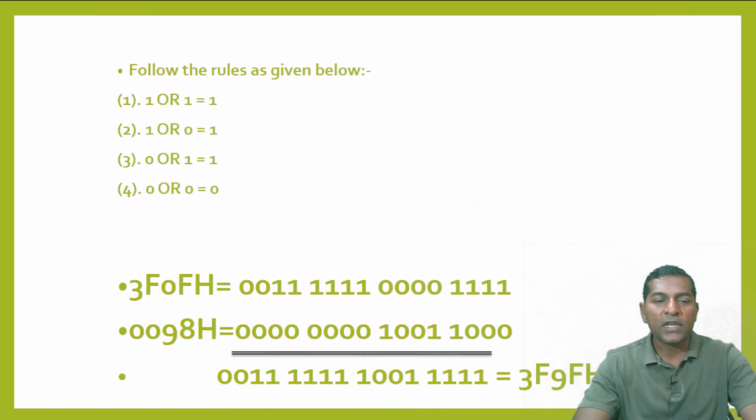The OR operation has some standard rules. 1 OR 1 will result in 1, the same way 1 OR 0 will result in 1, 0 OR 1 is 1, and 0 OR 0 will be 0. If we apply those rules, we'll finally get the result 3F9FH.